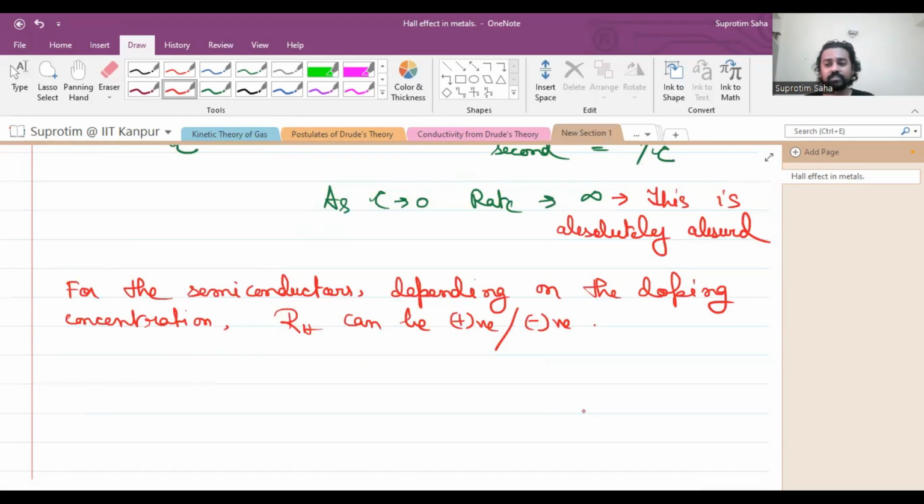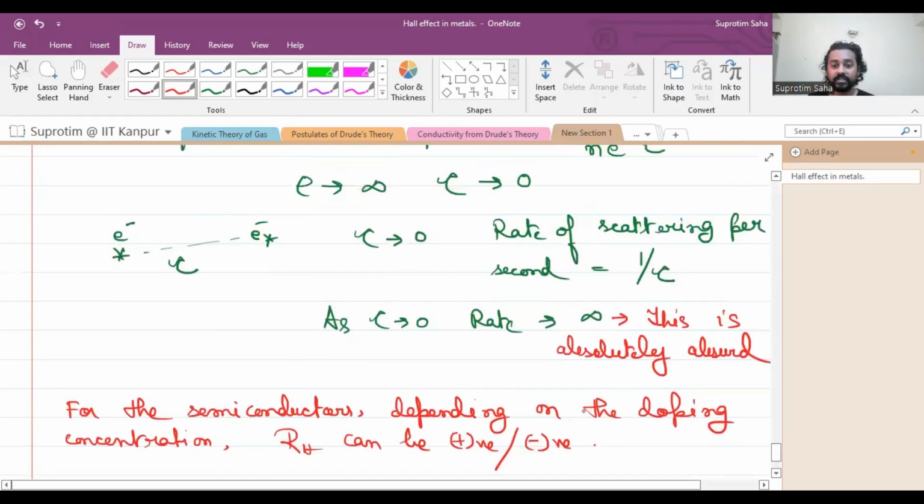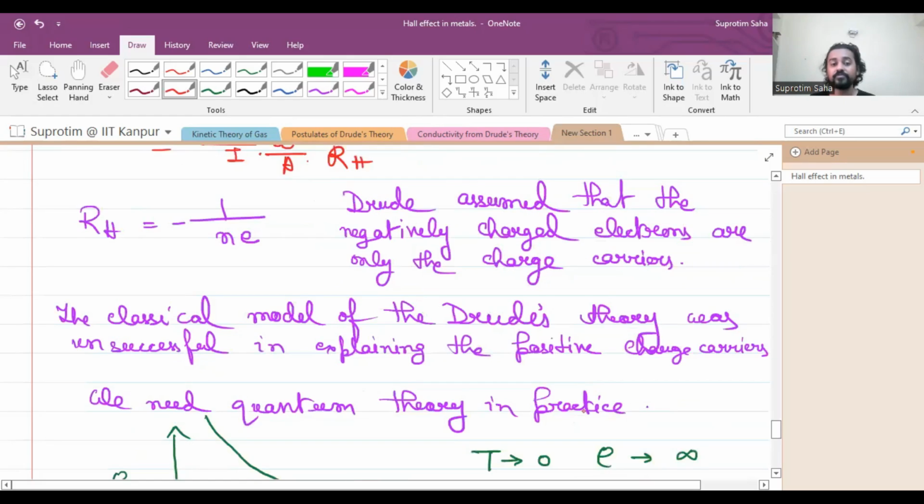It came directly from Drude's model. Although Drude's model was successful in explaining many things, it failed at certain points. It was not able to explain the behavior of insulators at low temperatures as they go down in temperature, and it was not able to predict the presence of positive charge carriers.